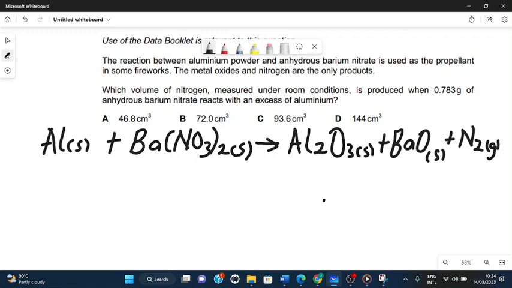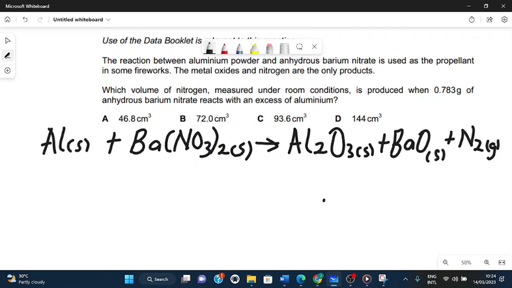That's the first thing. Let's look at the equation properly. If you look at it, you discover that it's not balanced. When an equation is balanced, the number of atoms of each of the reactants must be equal to the number of atoms of each of the products.